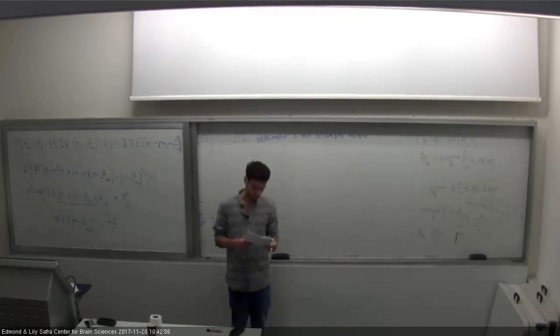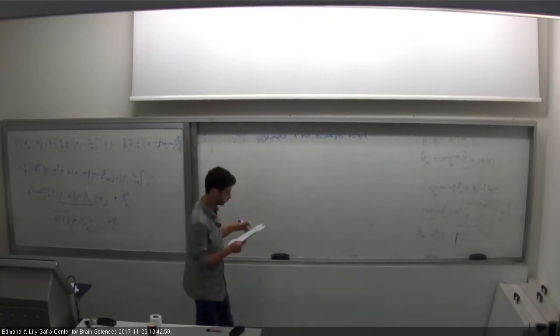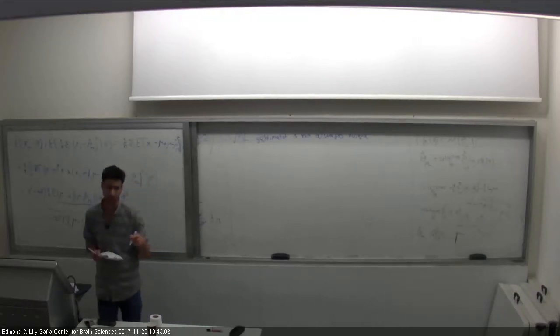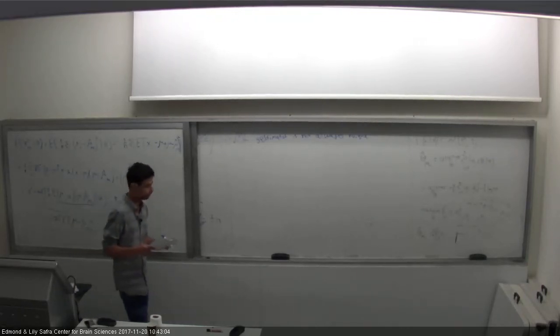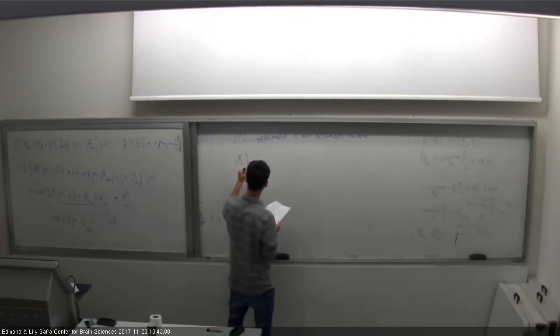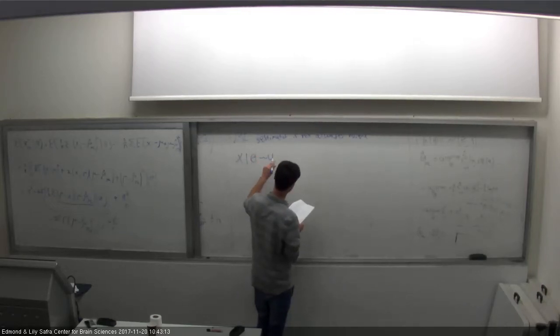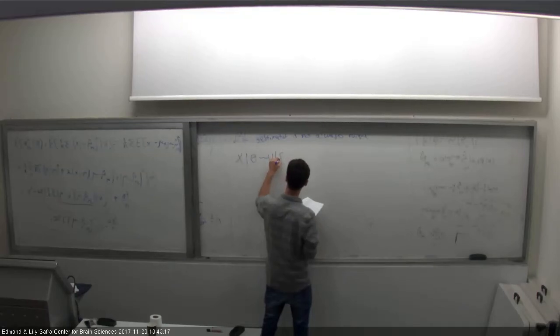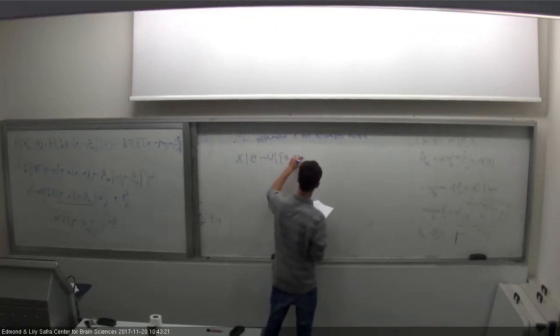The example is we have IID samples that came from x given theta distributed uniformly in the interval theta to theta plus 1.